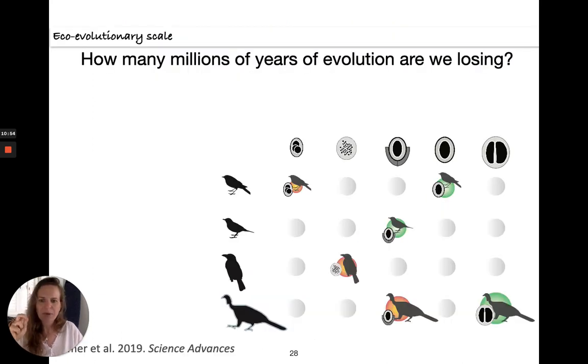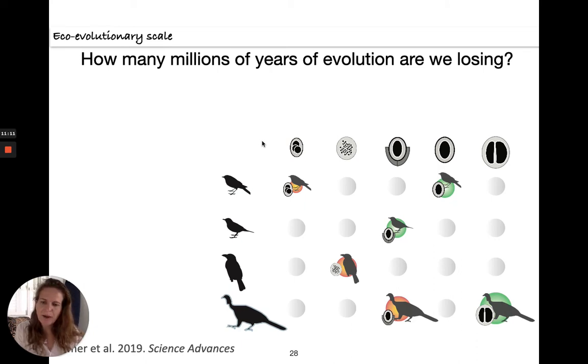The last point I would like to bring today from our findings is the evolutionary aspect of these interactions. And here we ask how many millions of years of evolution we are losing in these scenarios of disturbance.